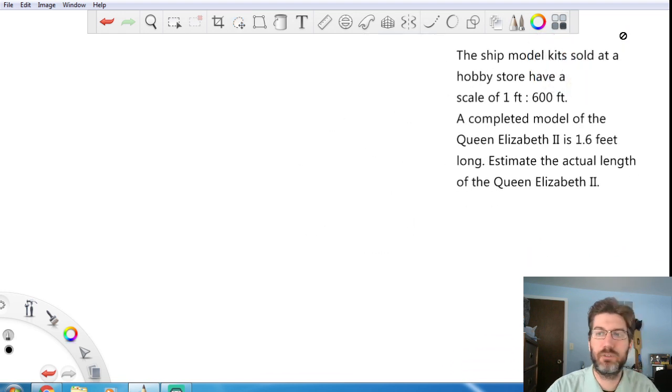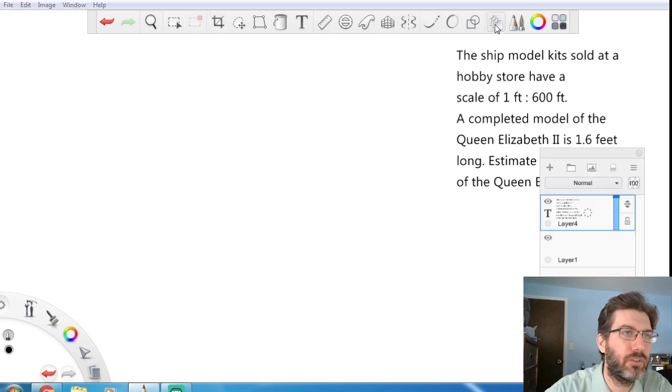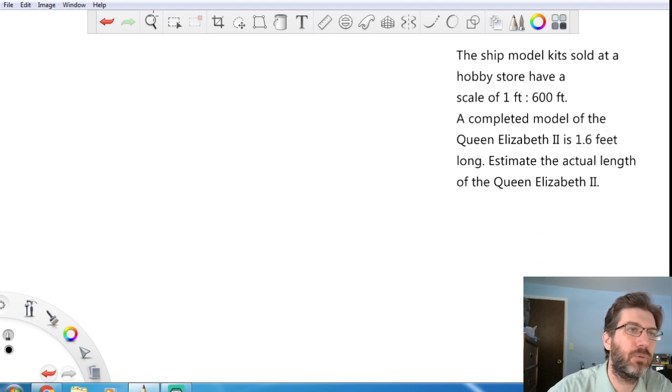So this one here is also a scale problem. A lot of times they do scales with maps, or in this case it's going to be a model. So like if you're going to a hobby store and you're into buying models or whatever.